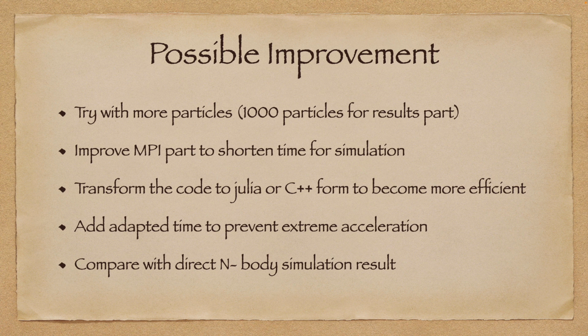For the time limit, I only tested 1,000 particles, and it can add some MPI parts to shorten the time for simulation, and it can be transformed into Julia or C++ to become more efficient, and the time step can be adapted to prevent some extreme acceleration, and it can also be compared with the direct N-body simulation result, which is run on something like a GPU.